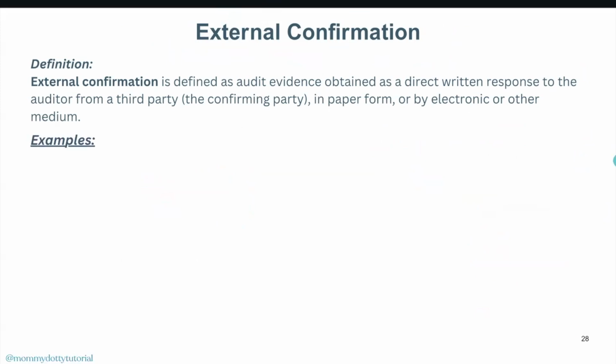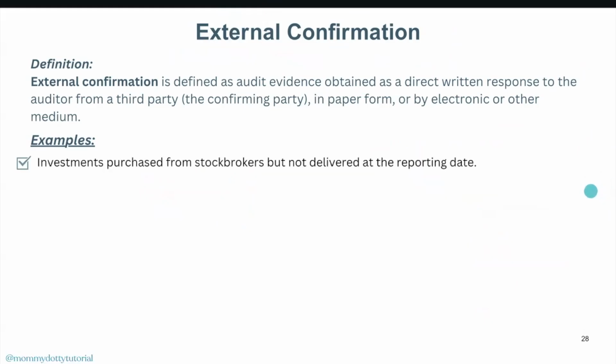External confirmations are frequently used in relation to account balances and their components, but need not be restricted to these items. For example, the auditor may request external confirmation of the terms of agreements or transactions an entity has with third parties.